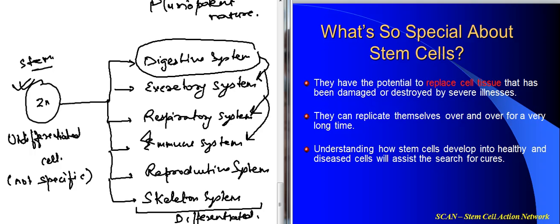That's why nowadays stem cell banks exist. A pregnant woman can bank the stem cells of the newborn child. Why?